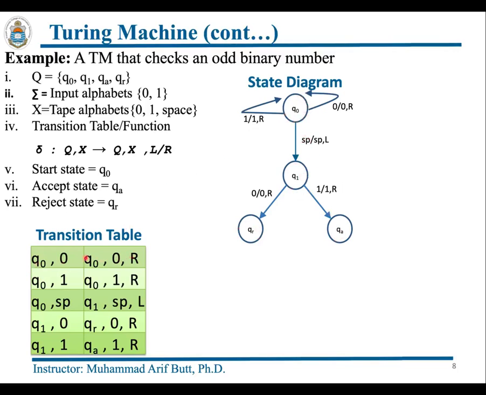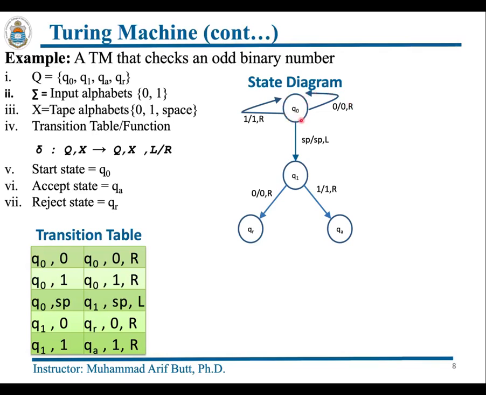This row of the transition table tells you that if at state Q0 you get an input of 0, you stay at Q0, you write down a 0 on the tape and you move the head to right. So at state Q0, if the input is 0, we replace it with 0 and we move the head to right and stay on the same state.